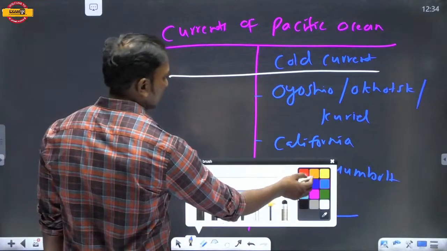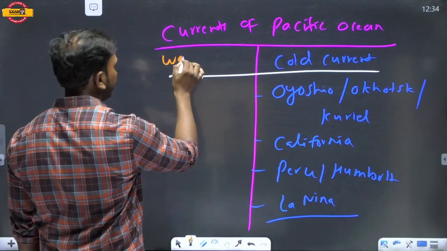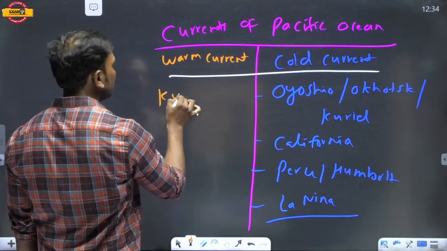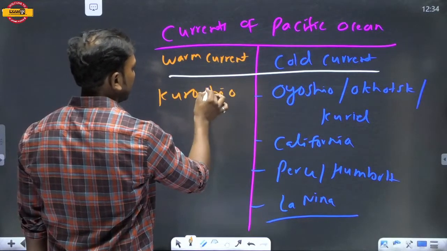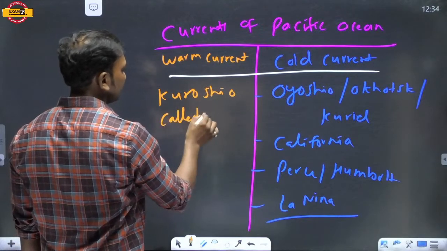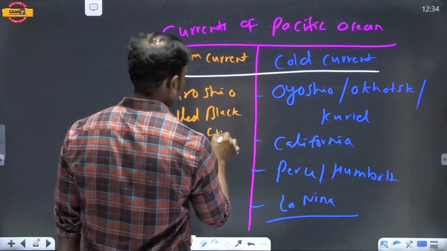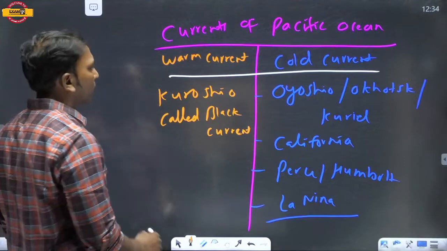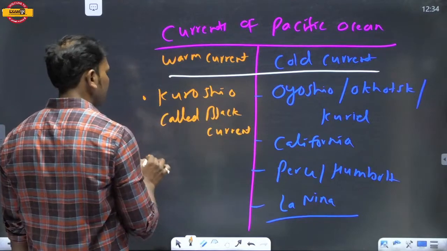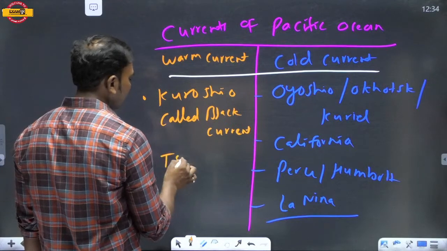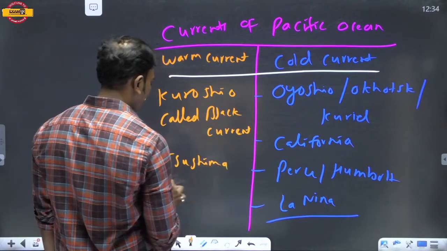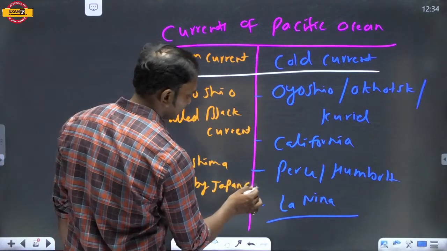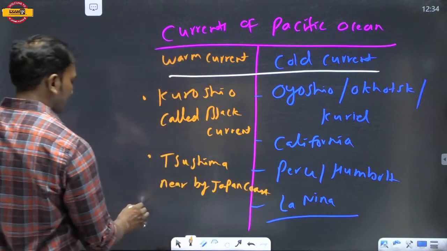Now we are coming to the hot or warm currents. The first one is the Kuroshio, called the black current, near Japan and the Philippines. Then you see the Tsushima, nearby the Japan coast.